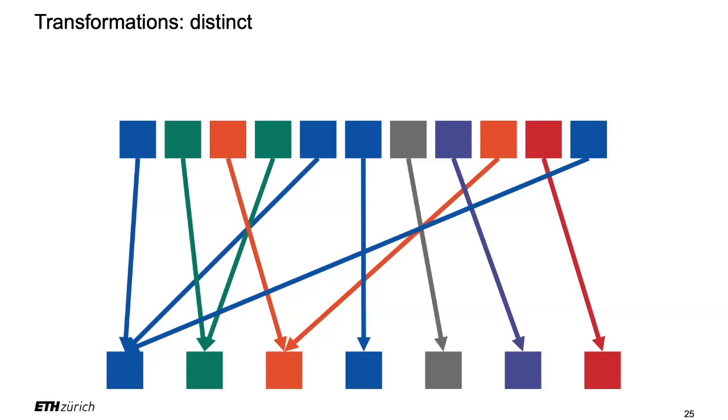But this depends on the language. In Python, it's probably done differently than in Java. But anyway, we assume we can compare. We have programmed a way to compare the values. And what distinct is doing is that it's going to eliminate duplicates. So if it sees that there are several times a blue square, it's only outputting one, and so on and so on. Okay, for whom is that clear? This here is the distinct transformation.